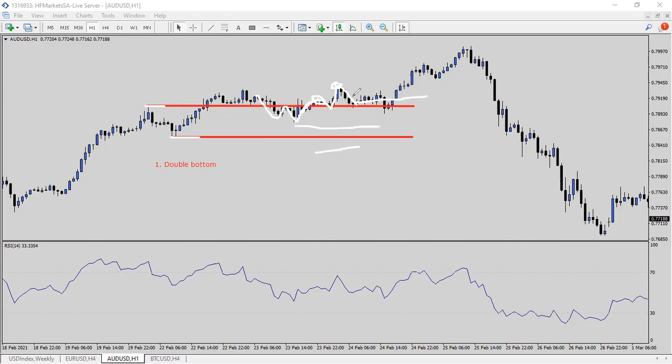I'm not really sure. That's not really within the scope of this conversation. And then you target something up here. I don't know how the targeting would work, maybe a 1-to-2 or 1-to-3 risk to reward ratio or whatever it is, right? So that's the first thing that you could look at in this instance to take a trade.